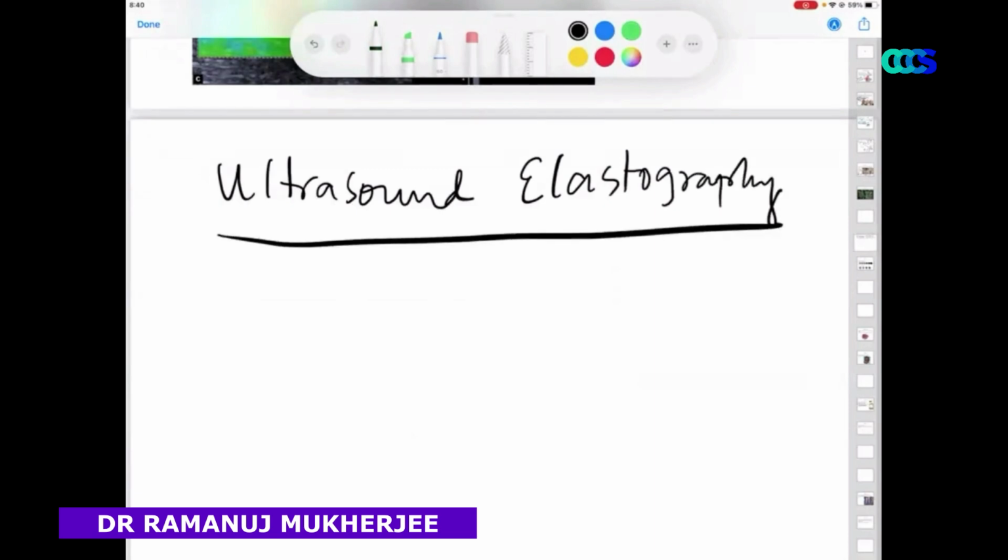Now, the question has been very straight. In an ultrasound elastography, what is the advantage of adding an elastographic principle to the ultrasound? Try to understand the question. What is the advantage of adding an elastographic principle to the ultrasound? Anyone kindly answer this one? Or what is the principle of use of elastography?